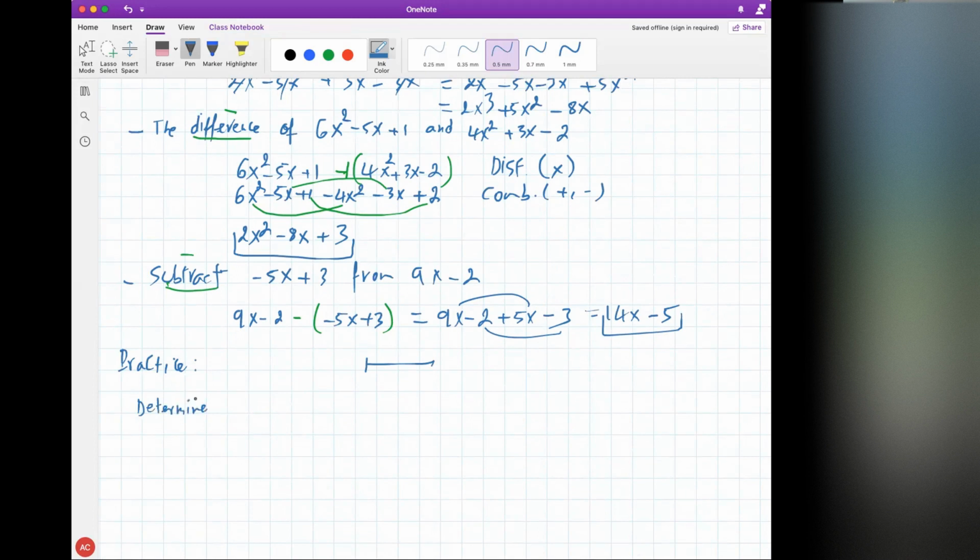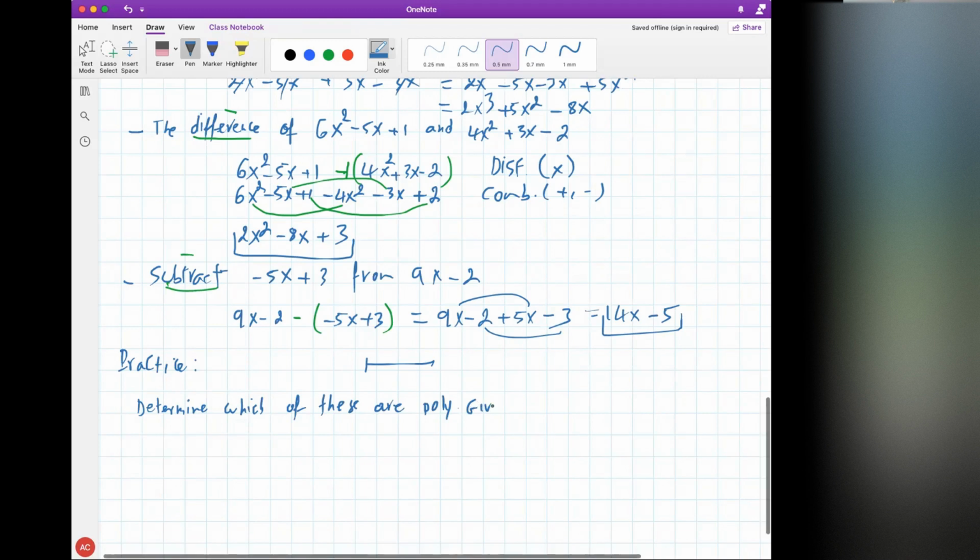Determine which of these are polynomials, and then give the degree, or give the power, variable, and coefficient, as we saw before, of each polynomial term, not just the expression.